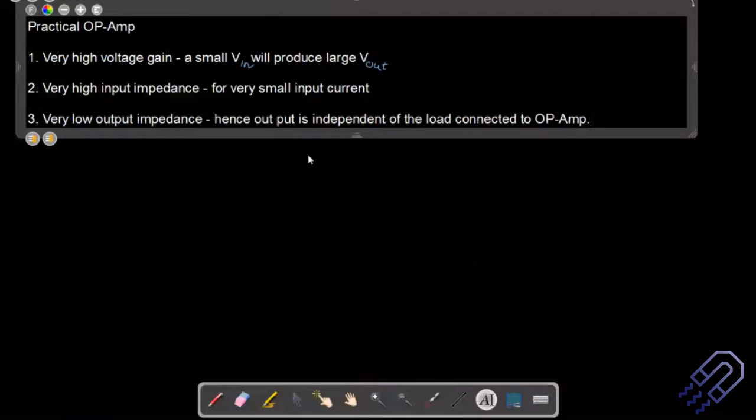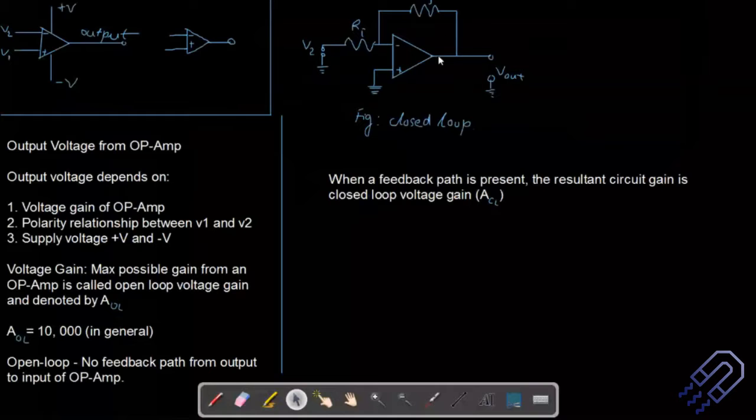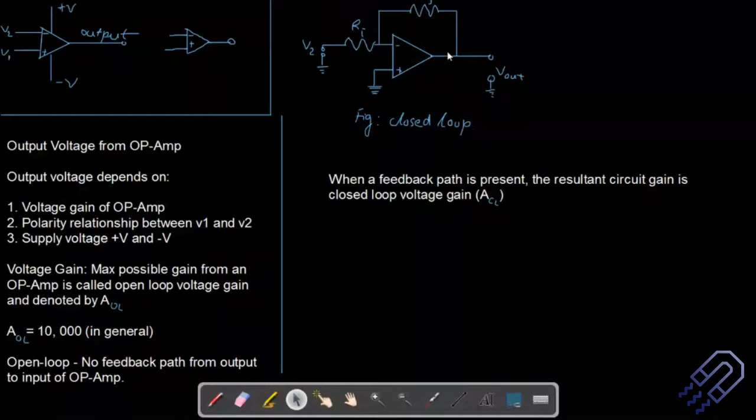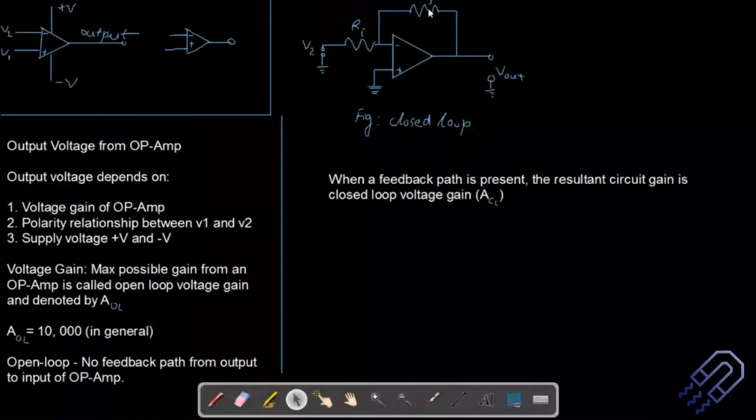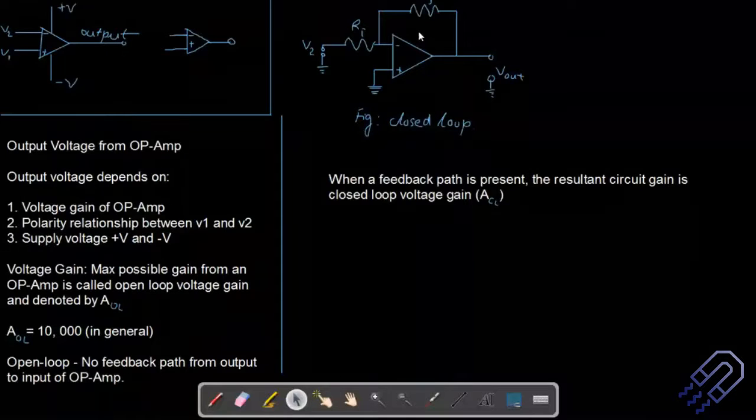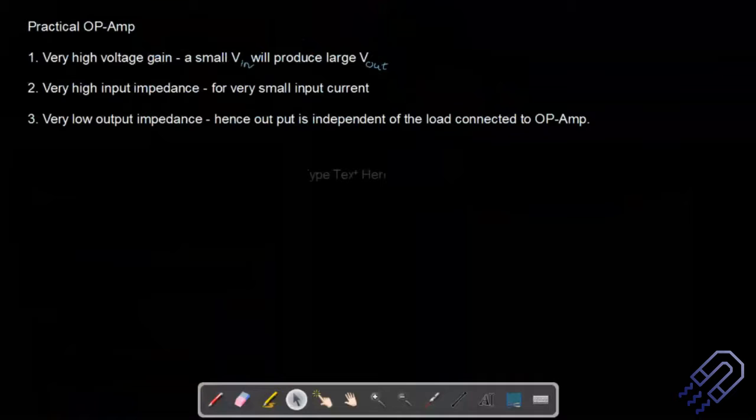In general, it means that, going back to the previous page, if the output impedance is low, then the output voltage should not be affected by the load connected. But if the output impedance is very high, the output is going to be affected, because resistance or impedance plays a very important role, and we don't want that. So this output impedance should be minimum, very small. That is why it is given.